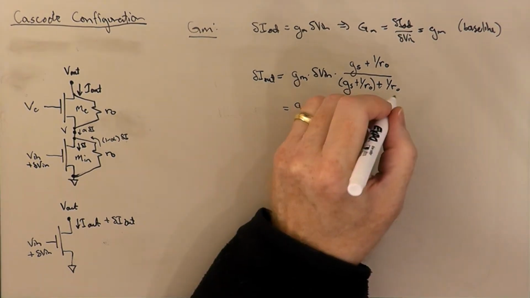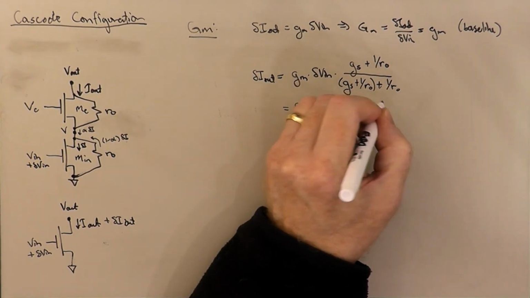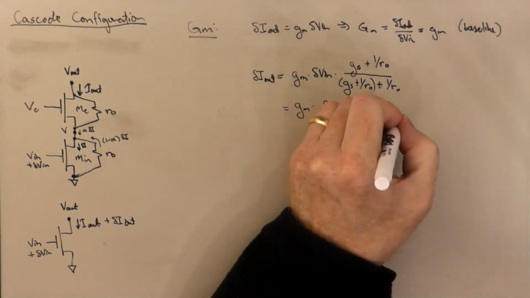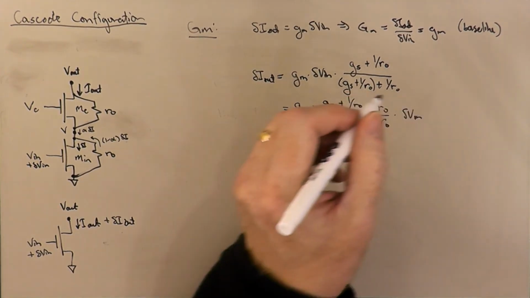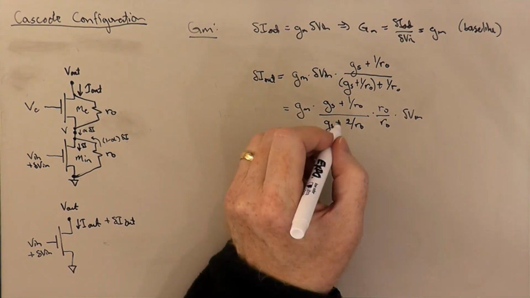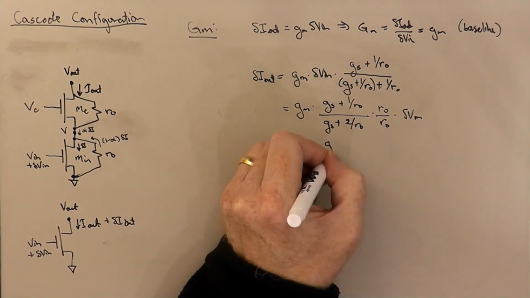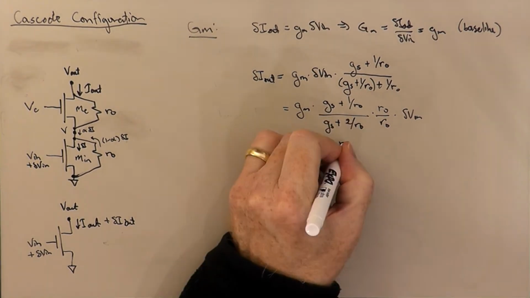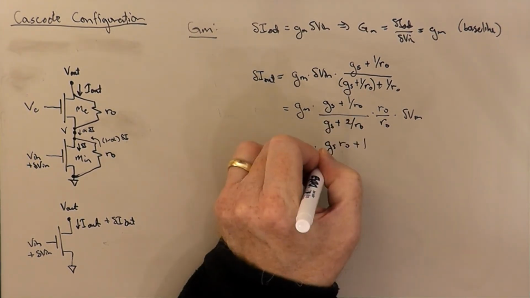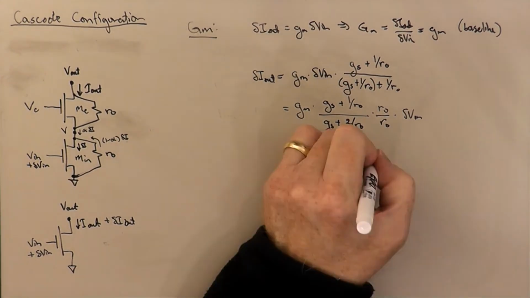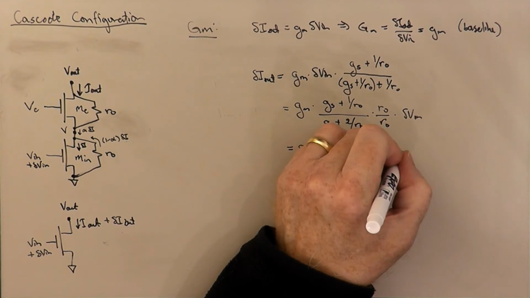We can multiply top and bottom by RO, and that's going to be gm times (gsRO plus 1) over (gsRO plus 2) times delta Vn.